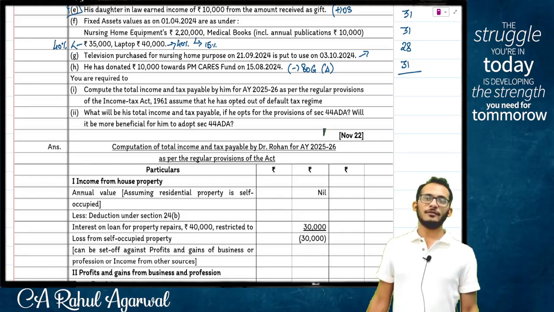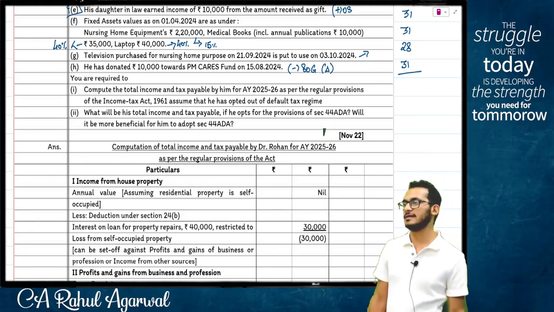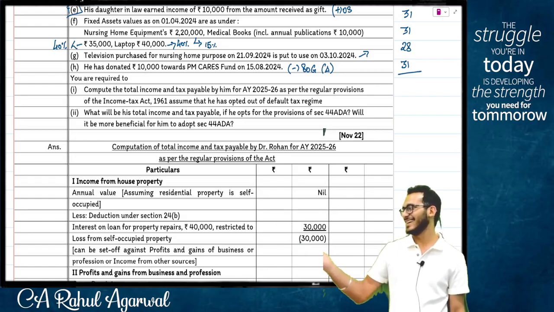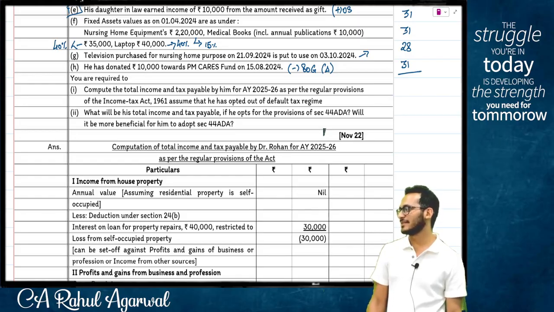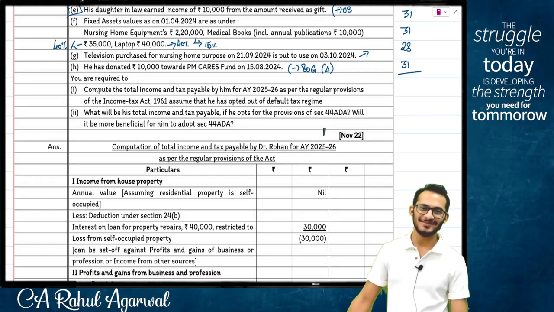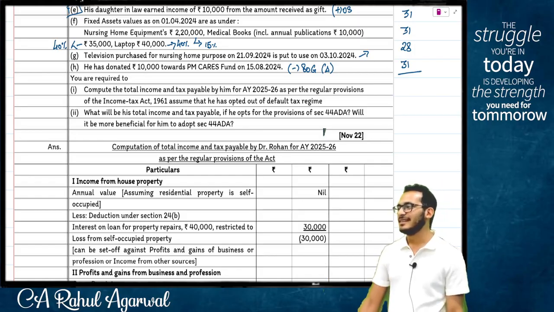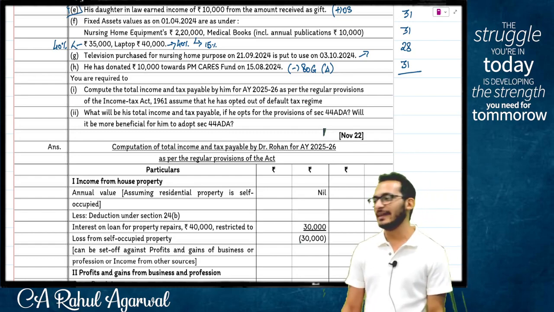Tax on the first 5 lakhs is... Look at the table, read the heading, turn the page. What is written for age? Told you, people, the reason I'm writing your age is because your slab changes.